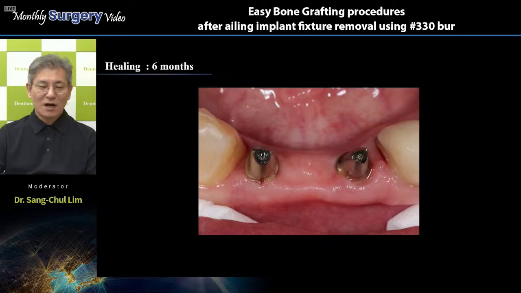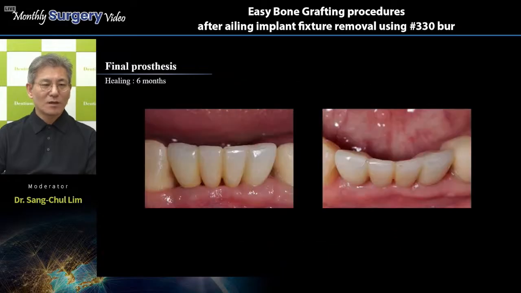This time, the custom abutment was connected with the already made zirconia 4-unit bridge, the SCRP type was installed, and the screw hole was sealed with composite resin.